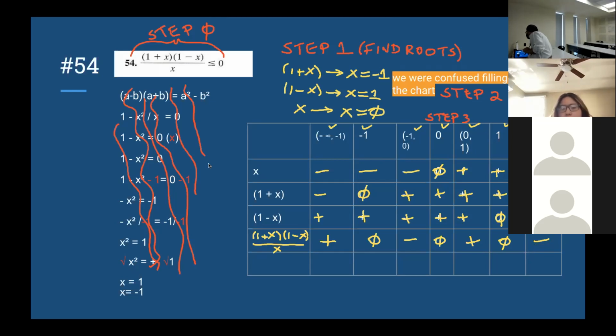Anna, the original inequality that we're talking about, the original one that was a part of the problem, what does it say? Is it positive or is it negative, or what are we evaluating in the original inequality? It's negative, correct, Anna, because it says less than or equal to 0.